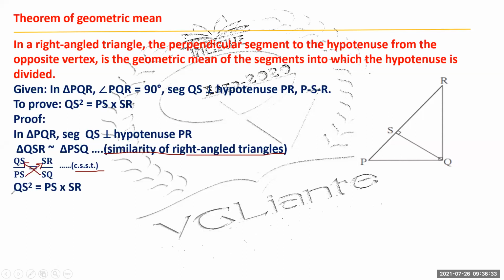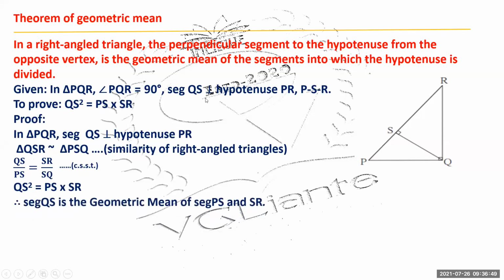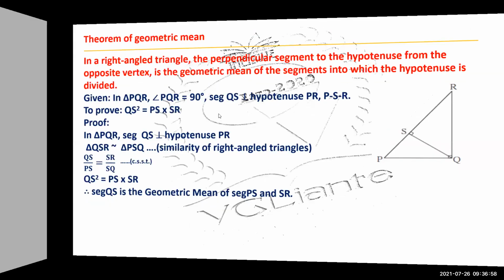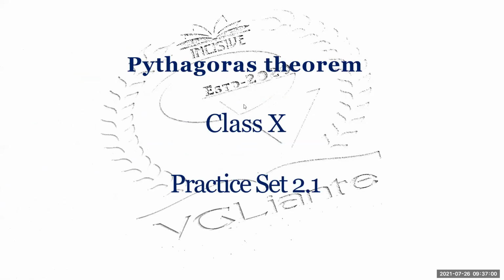So QS into QS becomes QS square equals PS multiplied with SR, so you'll get PS into SR. Very simple theorem. Therefore, QS is the geometric mean of segments PS and SR. Now these were the theorems in this chapter which we have to study.